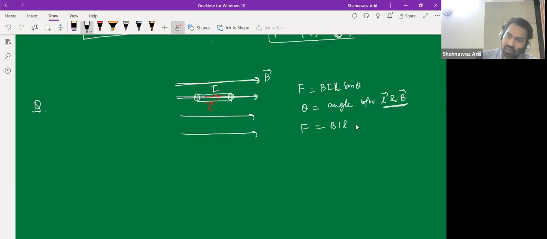So sine of 0 is 0. Good. So whenever the magnetic field and the length of the wire are in the same direction, the magnitude of force will be 0. Understood? Clear, guys, or do you have any doubts?